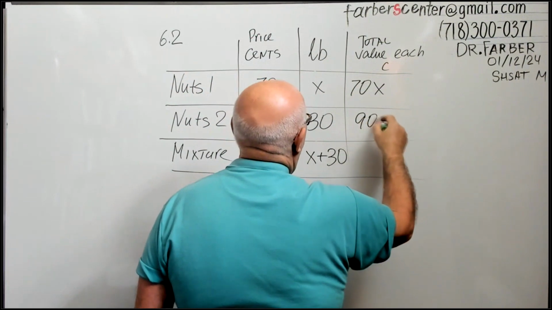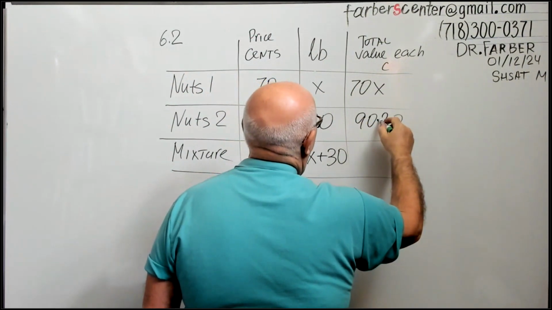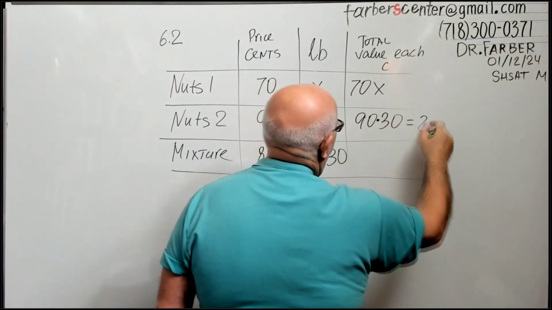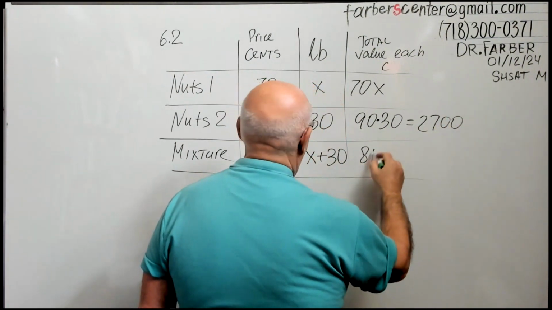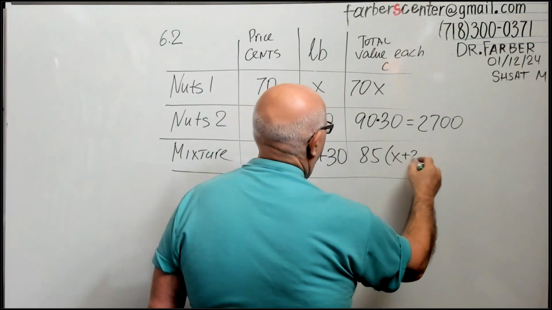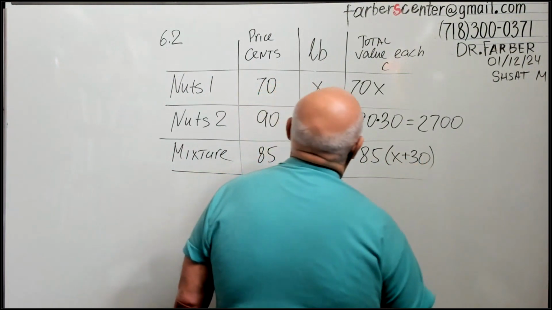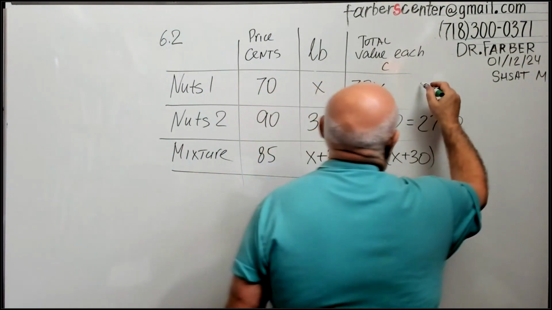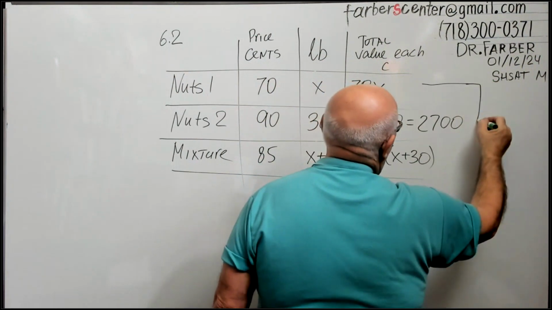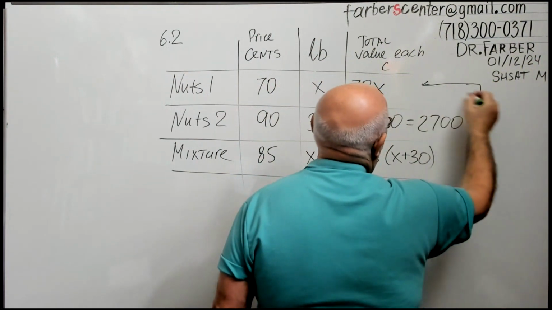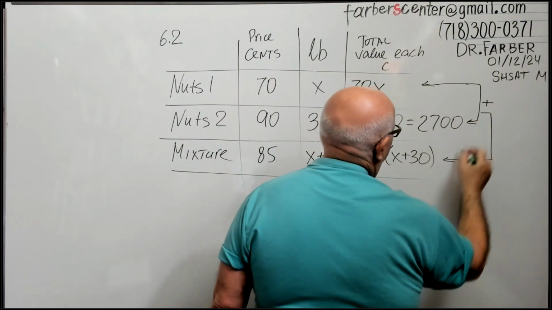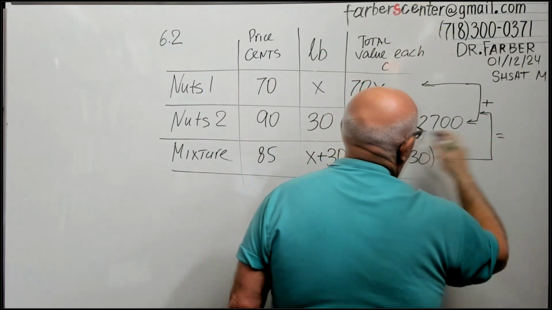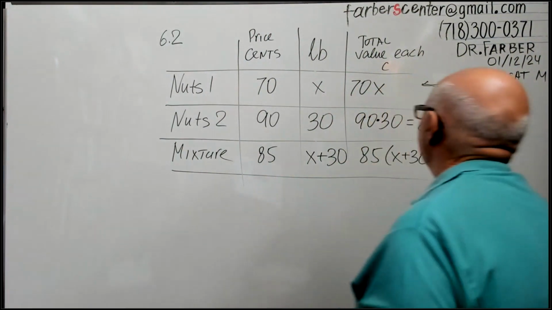This is 90 times 30, which is 2700. And this is 85 times x plus 30. Usually there is simple logic. You combine two ingredients, this and this. You will get a mixture. So far, so good.